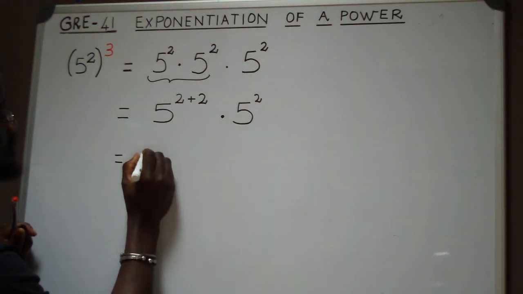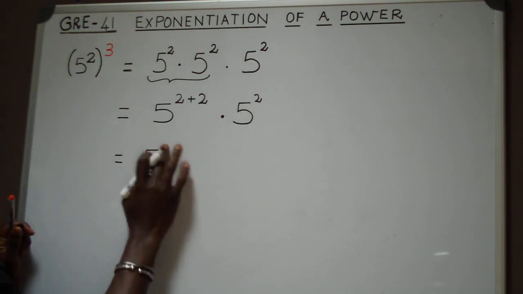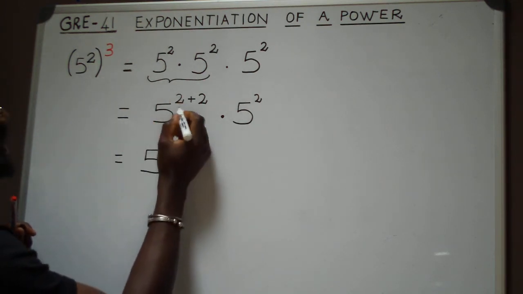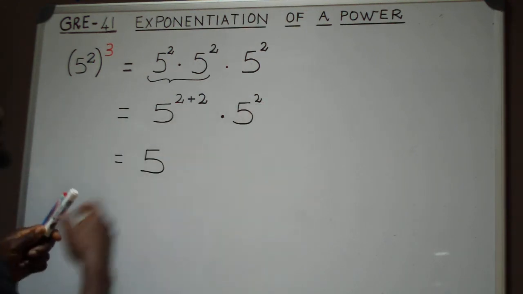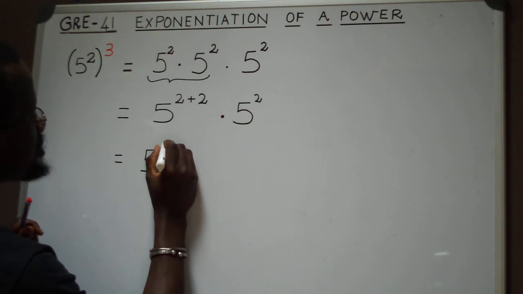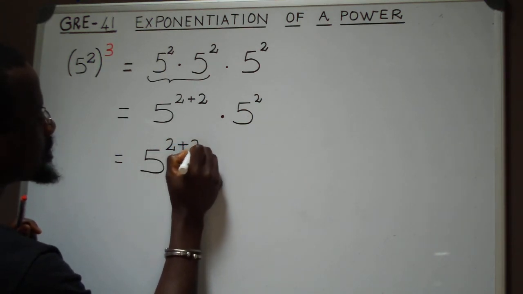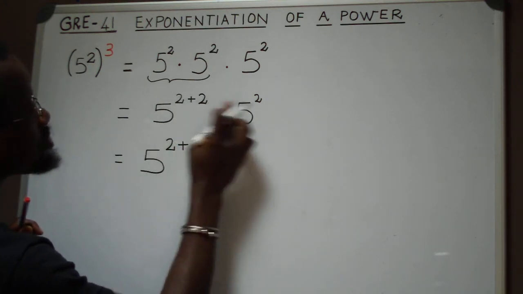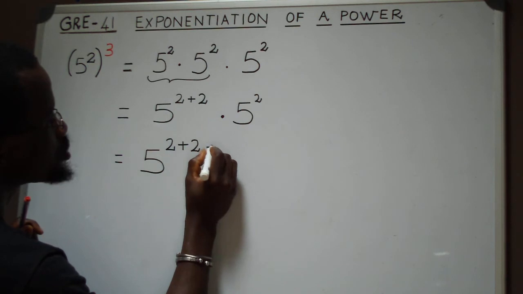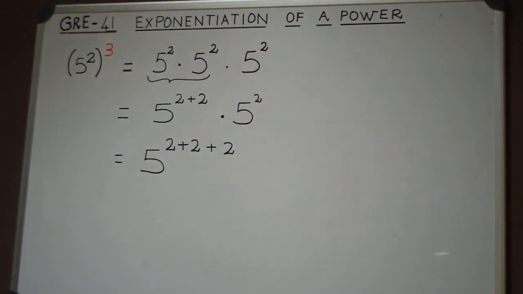So I'm going to write 5, and the exponent of the answer will be this exponent plus that exponent. Our first exponent is 2 plus 2, and the second exponent is also 2. So if I add this exponent to that exponent, I get 2 plus 2 plus 2. So this is what we get.